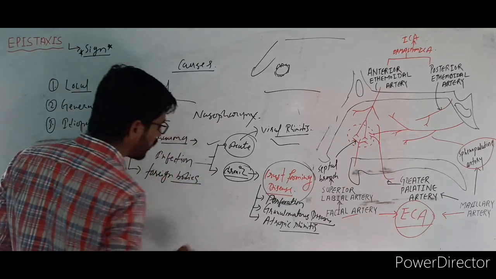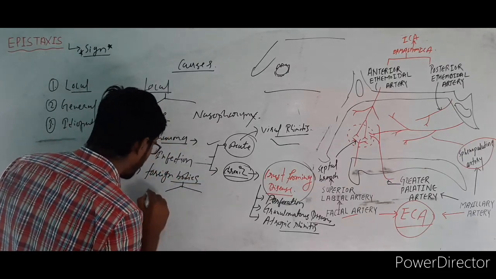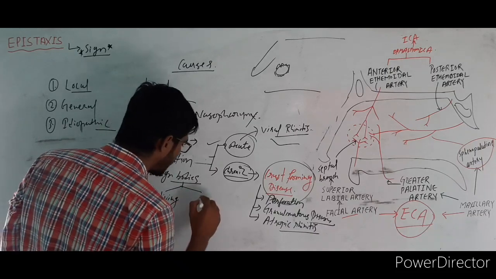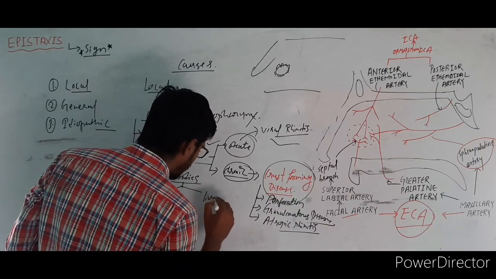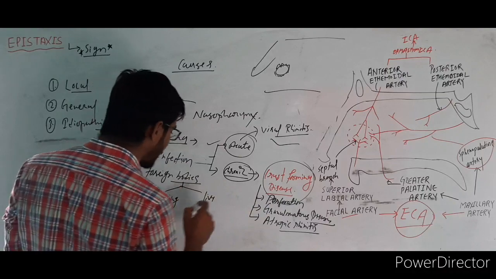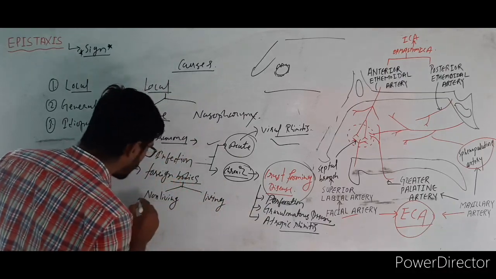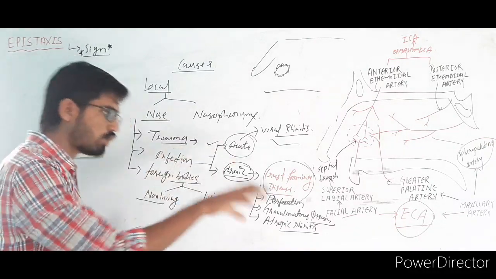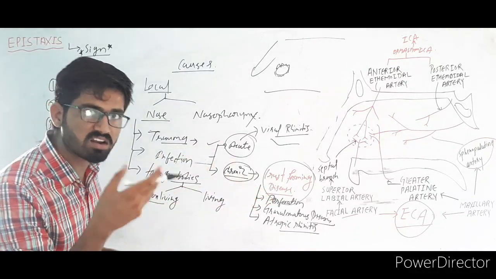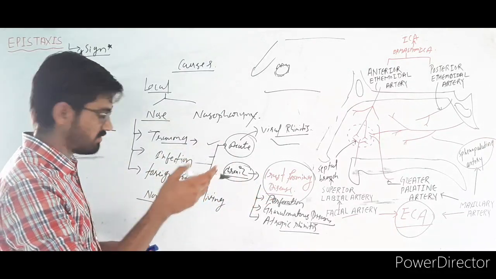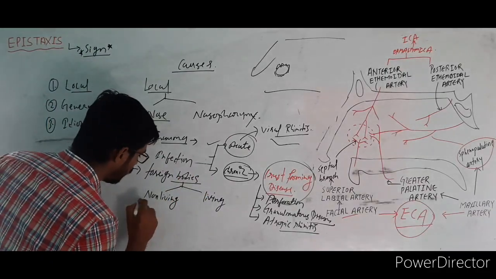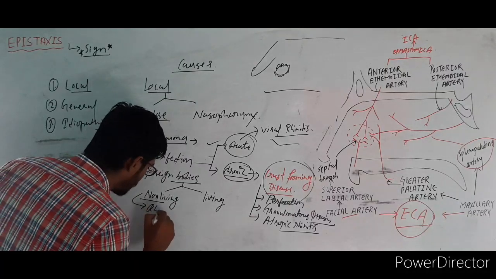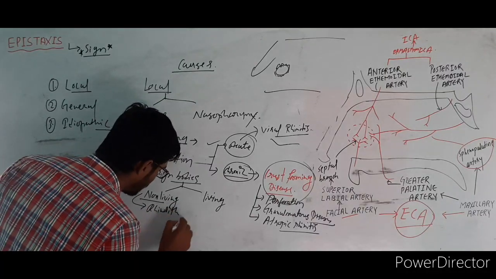Foreign bodies can be of two types: one is non-living and the other is living. In the non-living, an example is the rhinolith. What is a rhinolith? Stone formation in the nasal cavity is called a rhinolith.